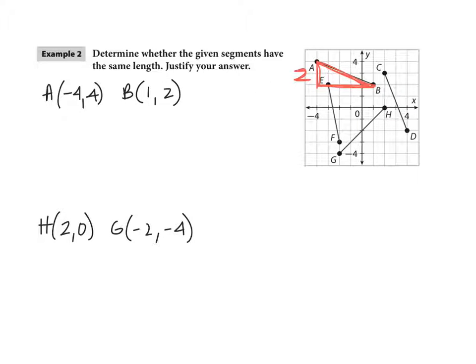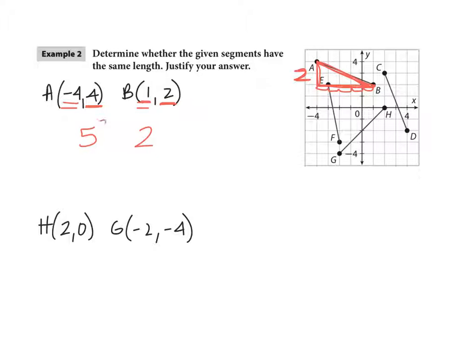That comes from how far apart are 4 and 2? And hopefully on a number line you realize that 4 and 2 are 2 spaces apart. All right, and then this other length is, if you count 1, 2, 3, 4, 5, that's because -4 and 1 are 5 spaces apart on a number line.